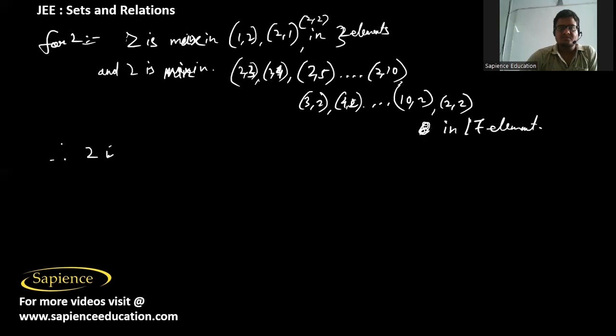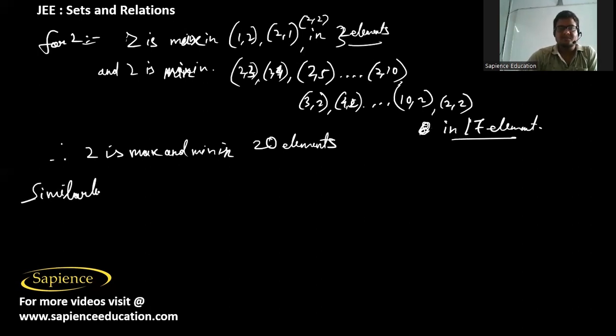So therefore 2 is maximum and minimum in 17 plus 3, that is 20 elements. Why you have to add this 17 and 3. Similarly, 3 is maximum and minimum in 20 elements.